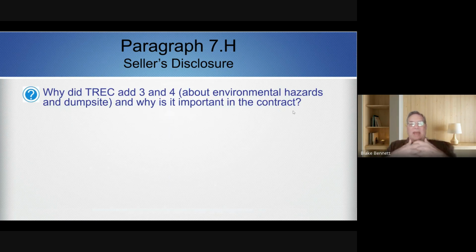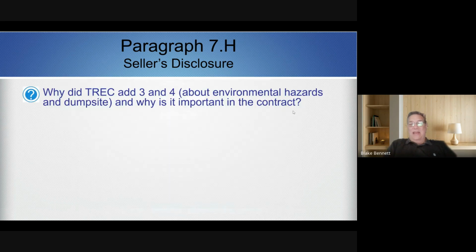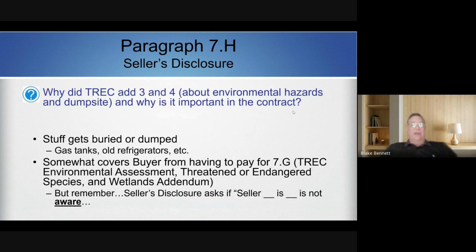Why did TREC add 3 and 4 about environmental hazards or a dump site? Right here on the seller's disclosure. 3, seller is or is not aware of any environmental hazards. Seller is or is not aware of any dump site or landfill. Why did they add that? Because stuff gets buried. I know where stuff is buried out on our property because I'm the one that was told whenever I was a young teenager to dig the hole.